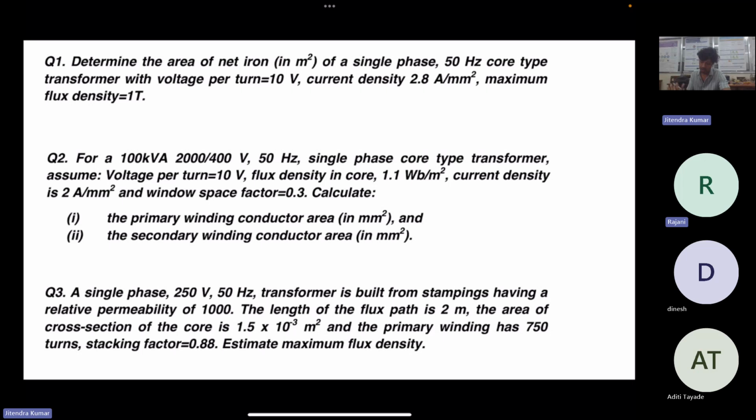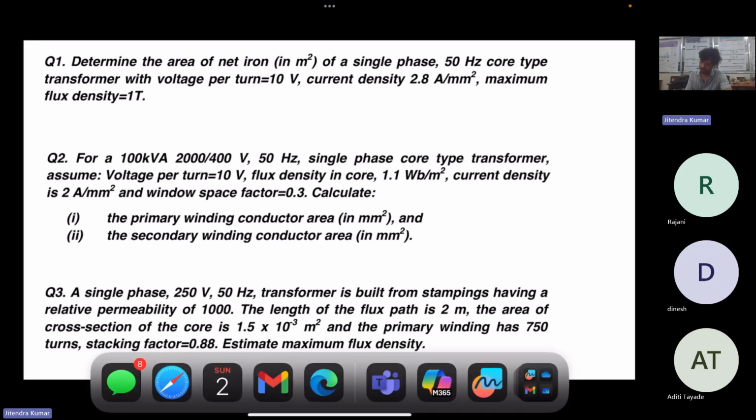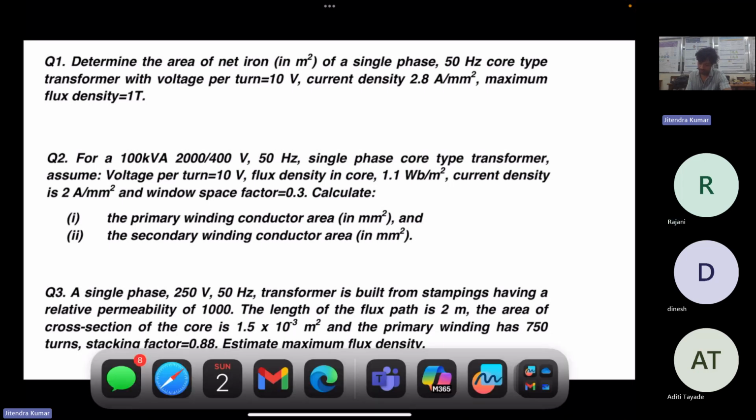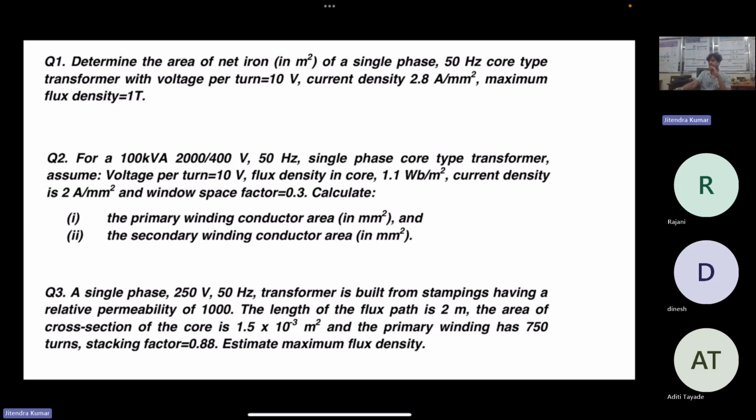This is the third problem. Just try to solve.